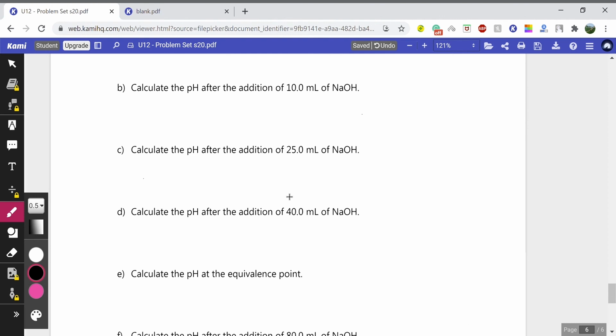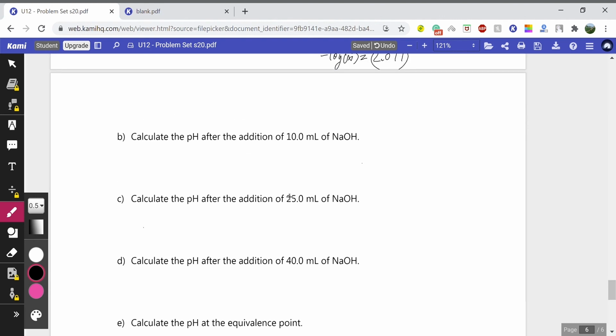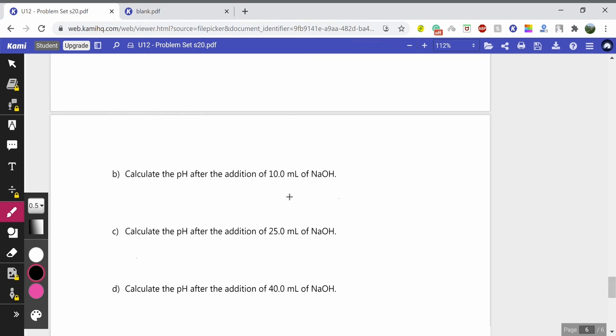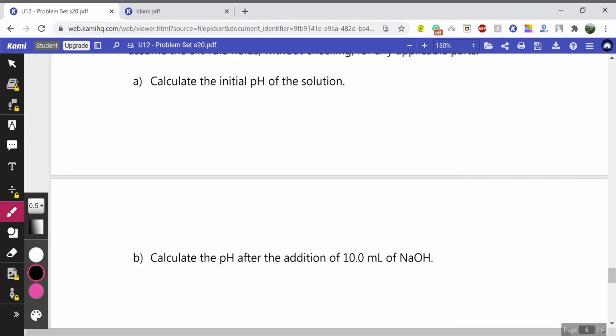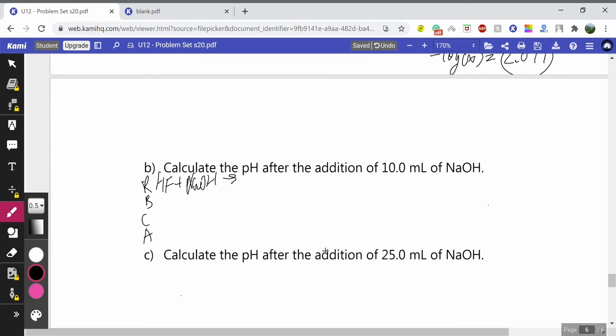So now we need to calculate the pH after adding 10.0 milliliters of NaOH. To do that, we're going to create an RBCA chart of HF plus NaOH, making F minus plus H2O. Na has no affinity for water, right? It's a group 1 alkali metal, so it will not be included, and we're going to cross Na out.